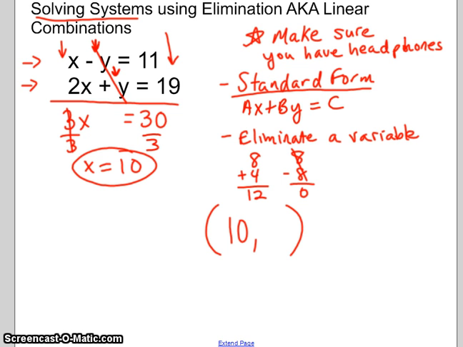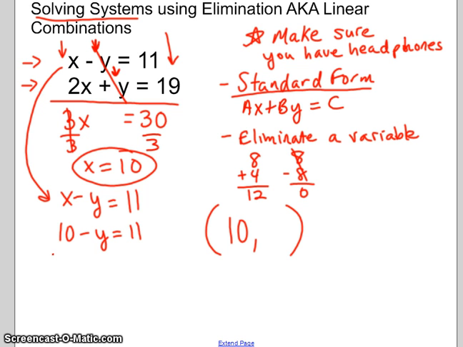Now we have x equals 10. What are we going to do? We're going to follow the same method as the substitution method. We have 10 for x, so we're going to take one of the equations. I'll take the top one, x minus y equals 11, and I'm going to substitute 10 in for x and then solve for y.